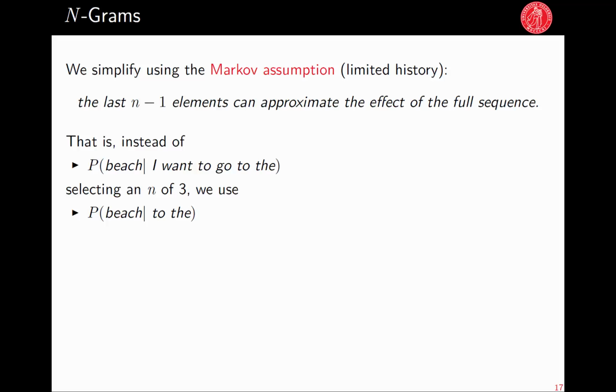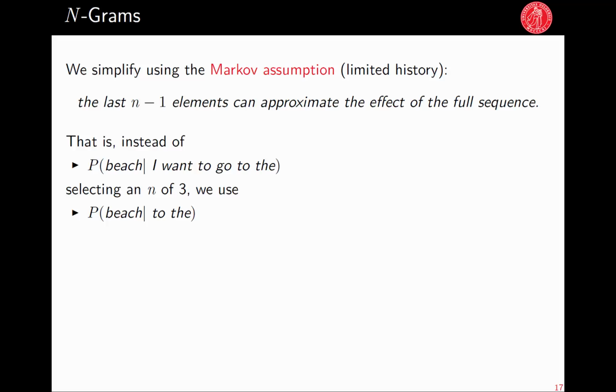Maybe just one word to the left, maybe two words, some limited window. So in a 20-word sentence, the probability of the 18th word will depend much more strongly on the 17th and maybe the 16th word than on the first word.